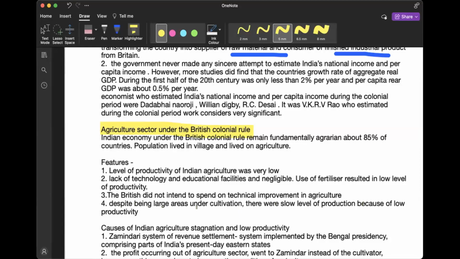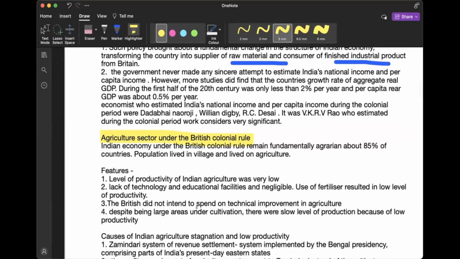So see, if your entire country is dependent on agriculture, and that sector also is not good enough, you will never grow. So you can see what the structure of this British colonial rule in India was, right? Agriculture totally collapsed because Britishers were not focusing there. Even after knowing that 85% of people are dependent on that, they never focused on this.